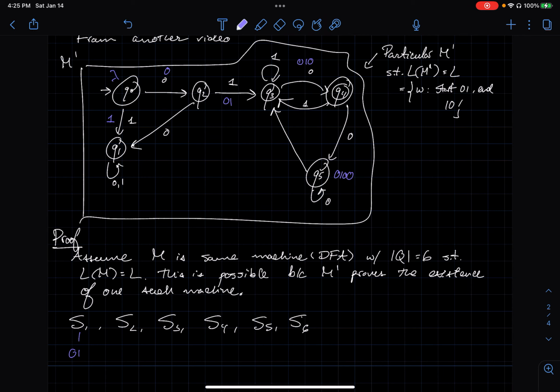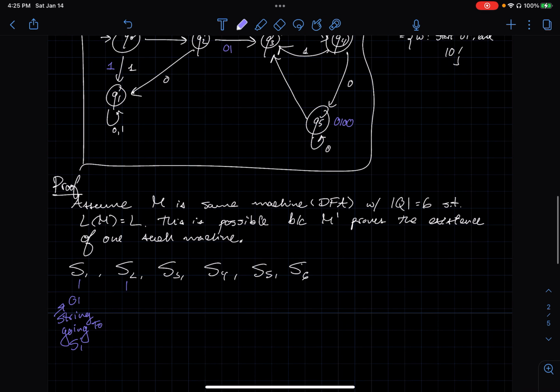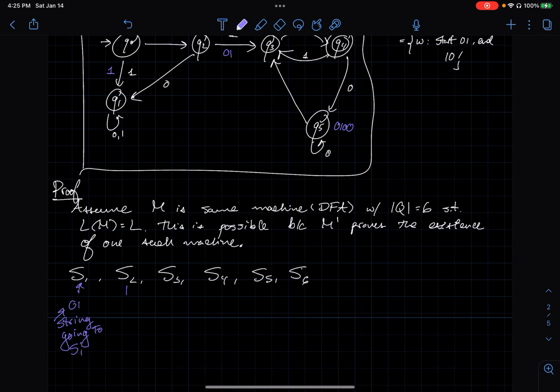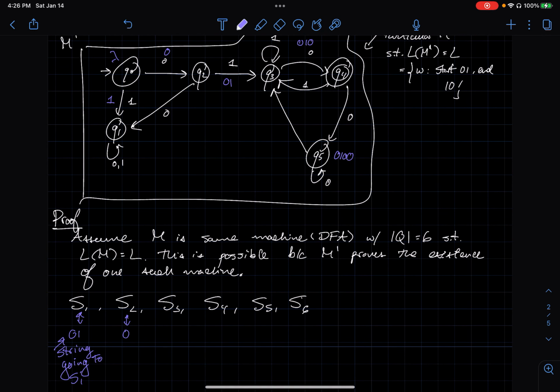S1 could be, say, 0, 1, going to S1. Let's pick 0 for S2. 0, 1 for S3. 0, 1, 0 for S4. 0, 1, 0, 0 for S5. And then the empty string for S6.